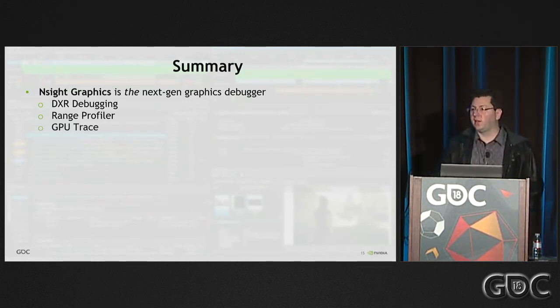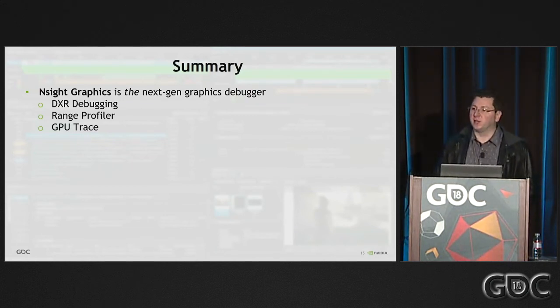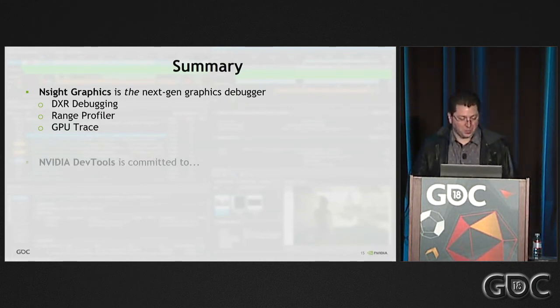GPU Trace is the next level of information that I think you need to be able to get the best graphics from your GPU. We liken it to having an NVIDIA Ninja sitting next to you, a GPU Ninja, who can give you a lot of really great information about your scene occupancy, your GPU occupancy, and your async compute opportunities.